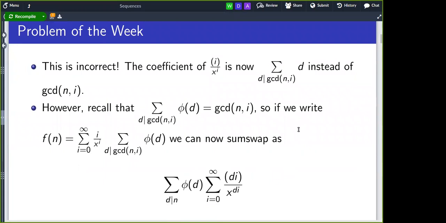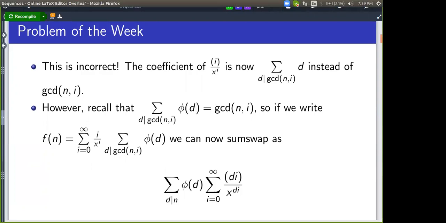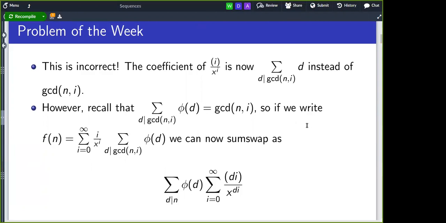Have you guys seen this before? This was one of the exercises in last week's homework. So I recommend trying to prove this maybe after class. You can prove it by double counting.